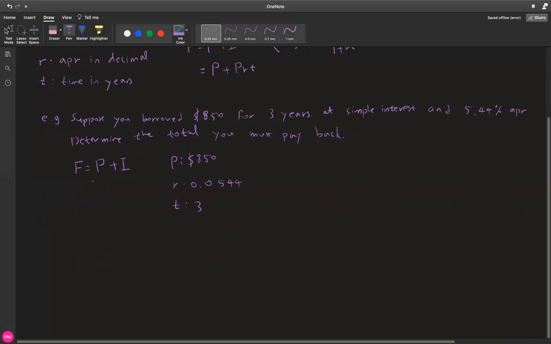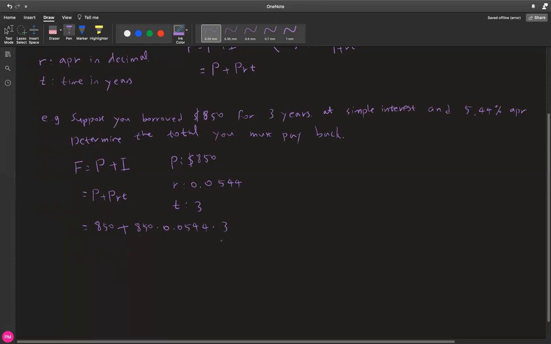So from this formula, we know that I is given as PRT. So we know that F is P plus PRT. And all you have to do is simply plug in everything else you know. So P, the principal, is $850, plus the $850 multiplied by APR, which in this case is 0.0544, multiplied by the term, 3 years.